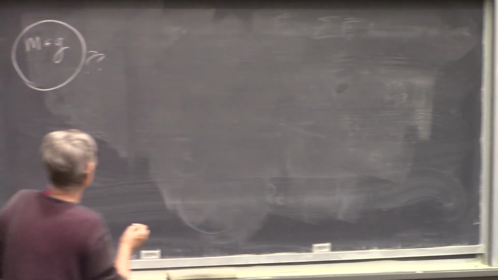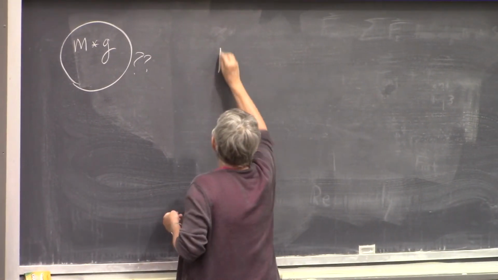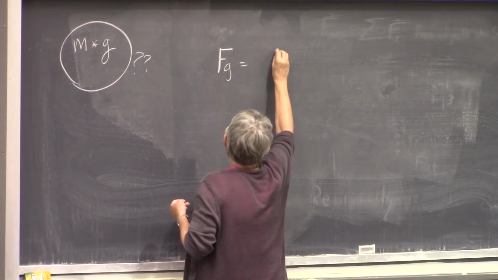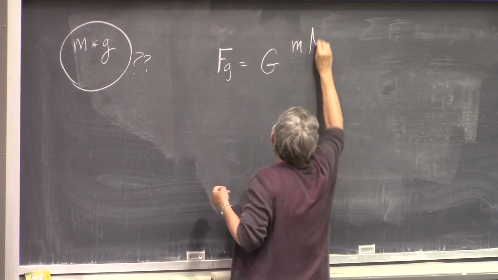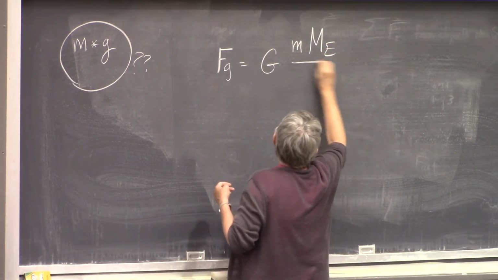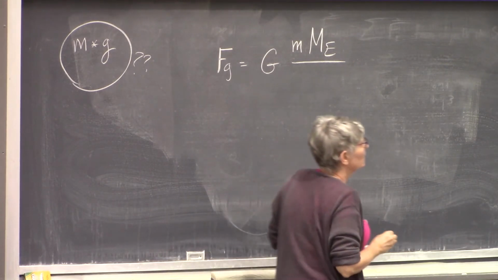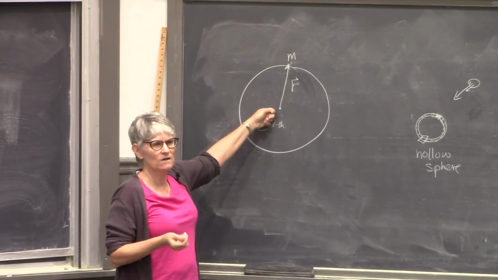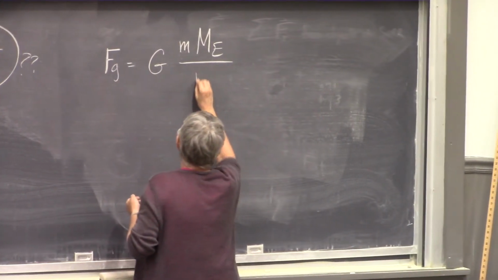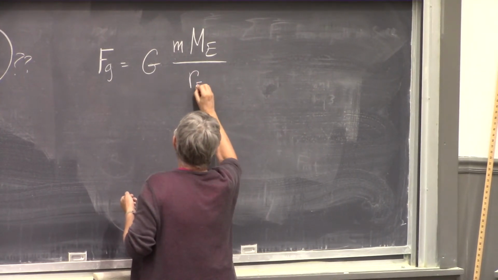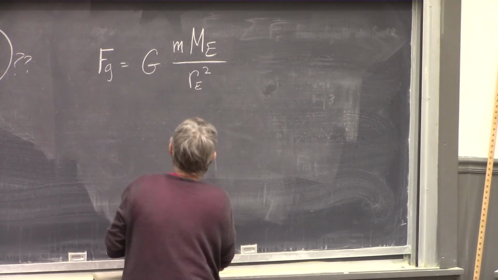The gravitational force is going to be capital G times the mass of our object times the mass of the Earth over, what is this distance? The radius of the Earth, right? So that's a constant, the radius of the Earth squared.